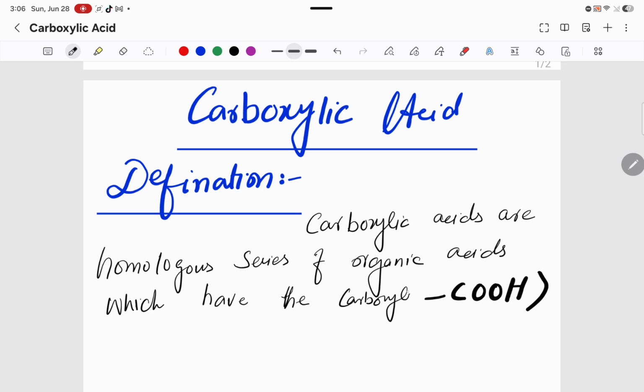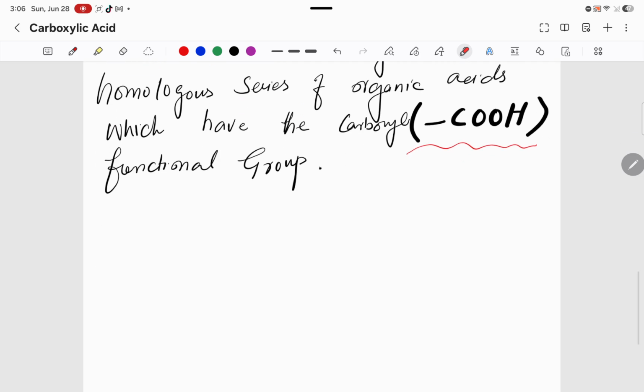COOH functional group. So how will we recognize that this organic compound is a carboxylic acid? The answer is the presence of this functional group. If any organic compound has this functional group, it means it would be a carboxylic acid.